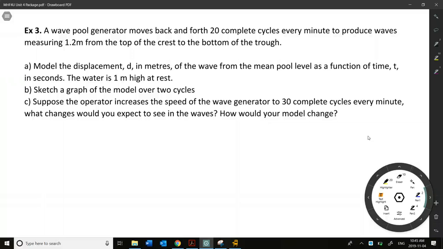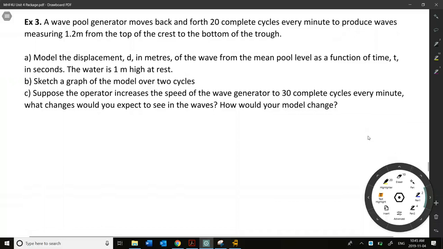Model the displacement d in meters of the wave from the mean pool level as a function of time t. The water is 1 meter high at rest. Then it asks us to sketch a graph and model over 2 cycles. And part C is a bit of an extension to this.